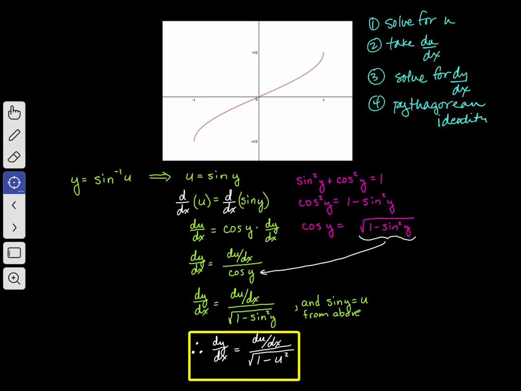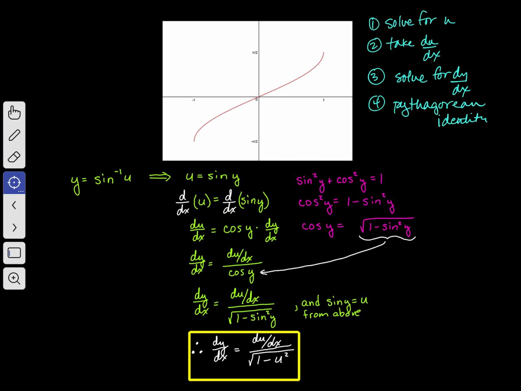Okay, similarly, arcsine works the same way. We solve for u by taking the sine of both sides. We take the derivative with respect to x. We solve for dy dx, which is right here, by dividing.